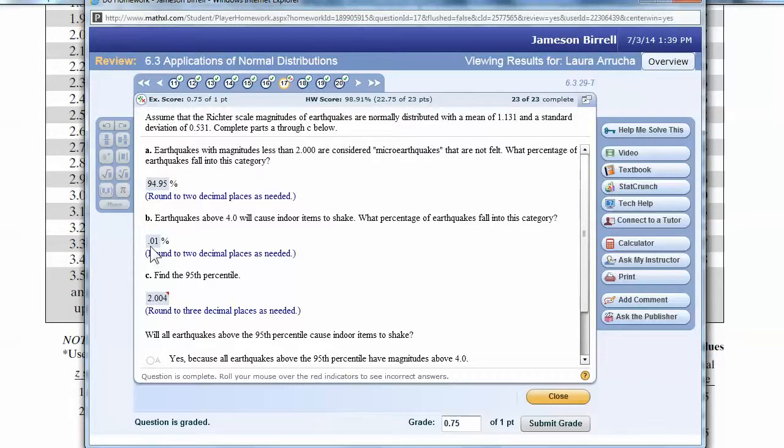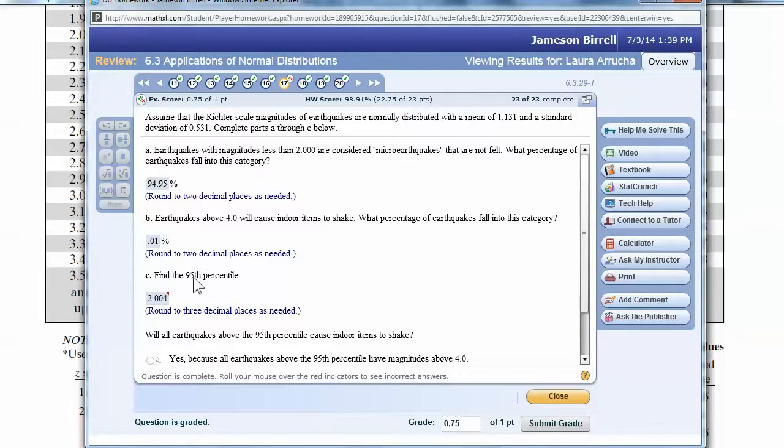Got it? Okay, now let's flip the argument all around. So instead of looking at Richter scales and finding out the percentage of occurrences or probability for them to occur, let's look at the 95th percentile. So we want to find out what is the cutoff score on this distribution that contains 95% area or 95% coverage underneath the curve, and that's meaning from the left.